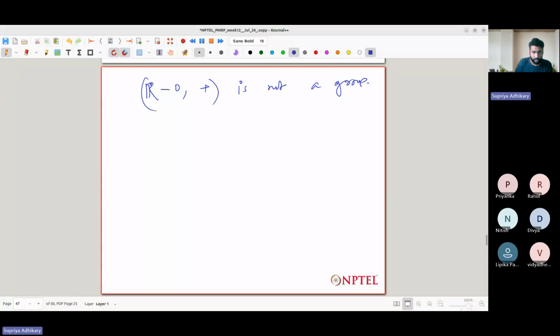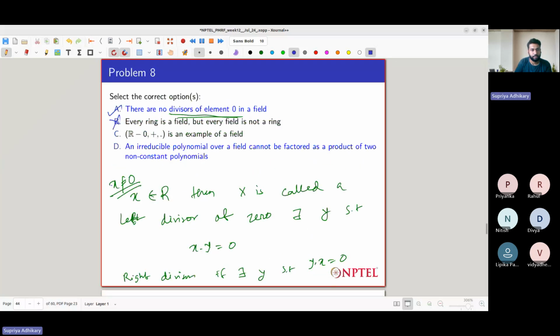Because we are completely deleting, completely excluding this 0 element. So with respect to addition, there is no identity element in this set. So the identity element does not exist in R minus 0 with respect to addition, and therefore this is not a group, and hence we can say that this is not a field.